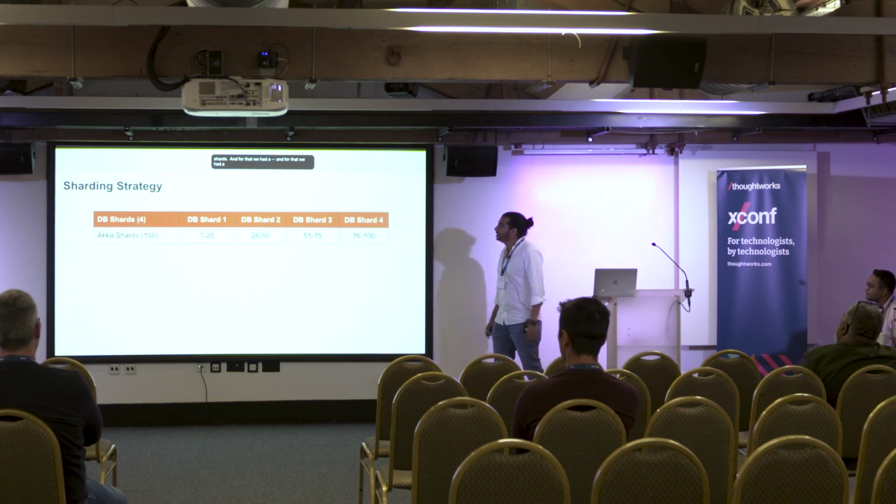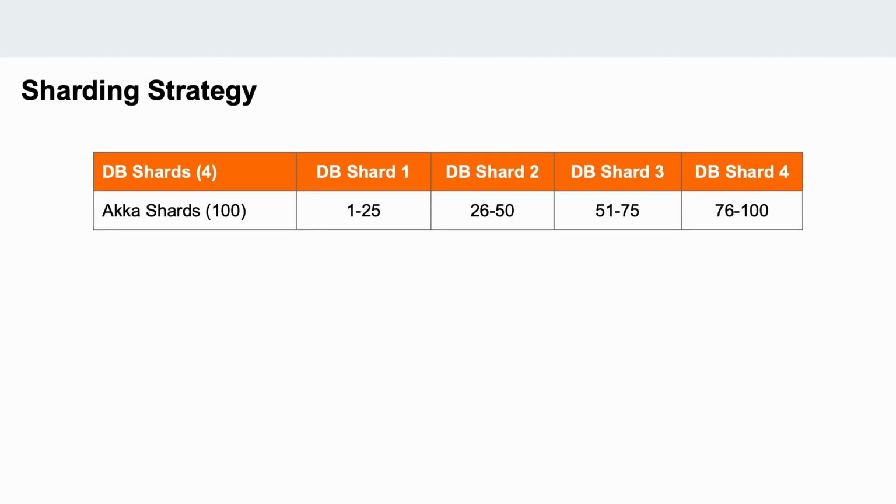So the first thing that we did is that we split the Akka shards between the database shards. So each database shard will have only some subset of the Akka shards. And then afterwards, we calculate the DB shard using the DB shard algorithm. These algorithms are not the real ones, this is just an example.